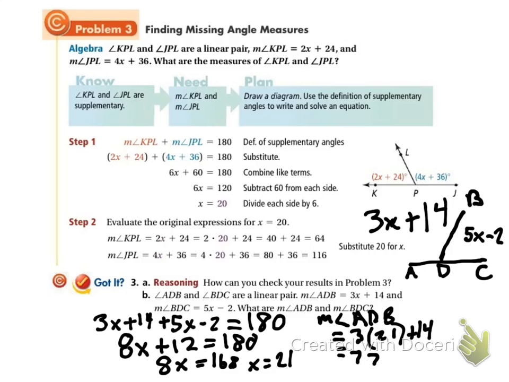Running out of room here, and then the measure of angle BDC is 5 times 21 minus 2. 5 times 21 is 105, minus 2 is 103. And if I add 103 plus 77, I get 180, so my answers are correct.